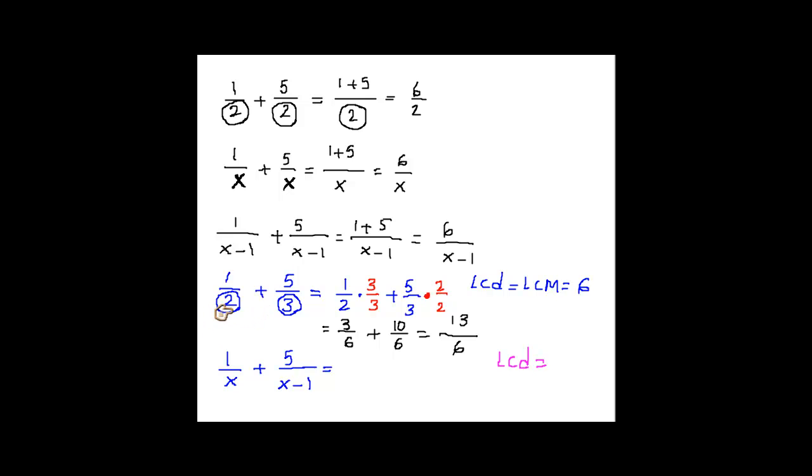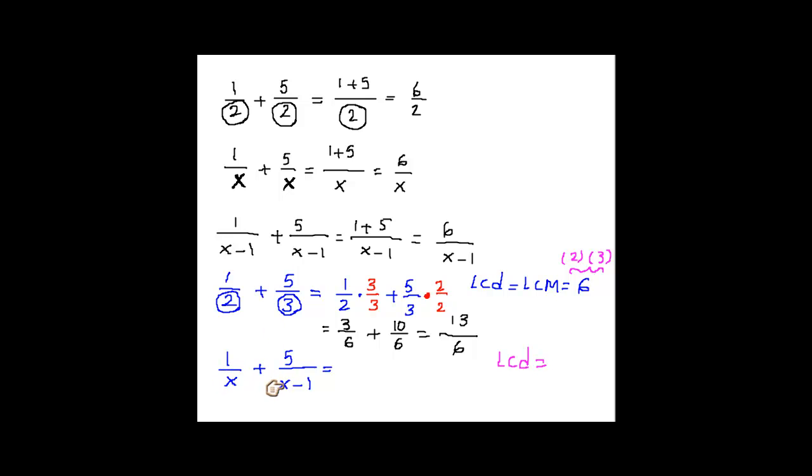Okay, as you see here, what did we do here to find the LCD? The LCD between 2 and 3, we said that's the product of those two. We said that is equal to 2 times 3, which we came up with the number 6. Well, here it's very similar. Instead of 2, I have x.